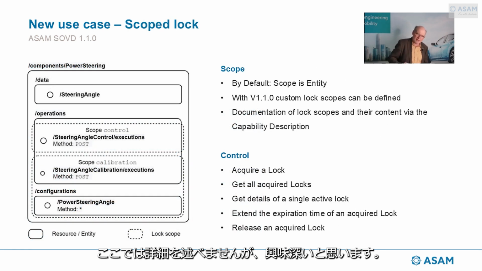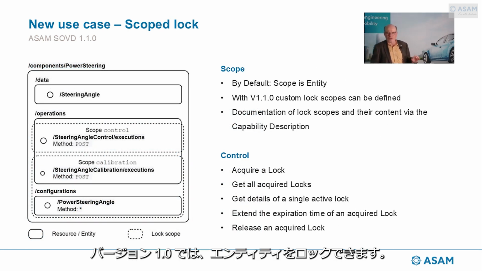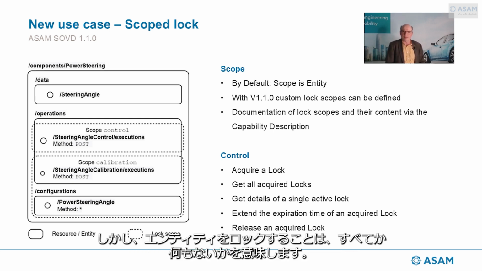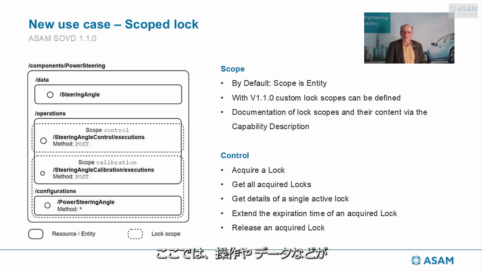Now we come back, and that's interesting. In version 1.0, we can lock an entity. Maybe you remember that at operations I informed you about this locking. But locking an entity means all or nothing. And you see here that we have operations, we have data, and so on.